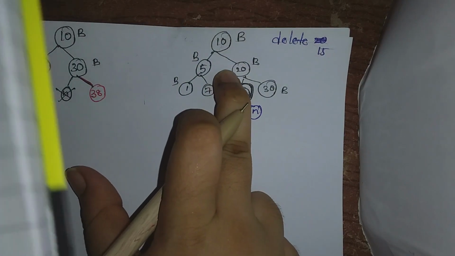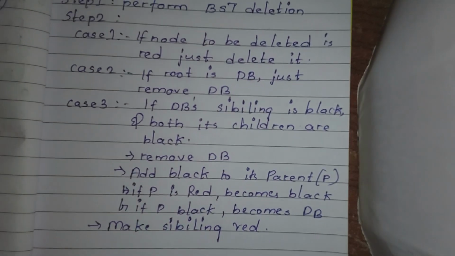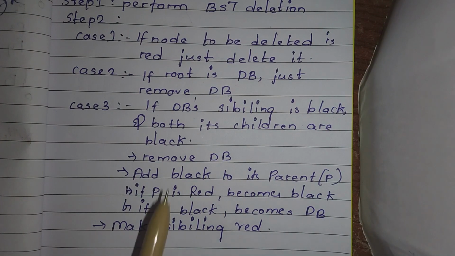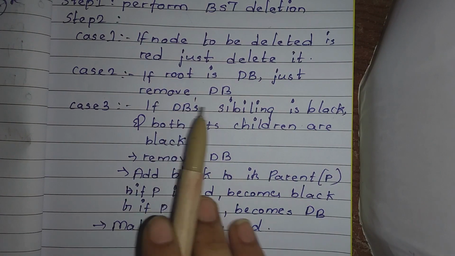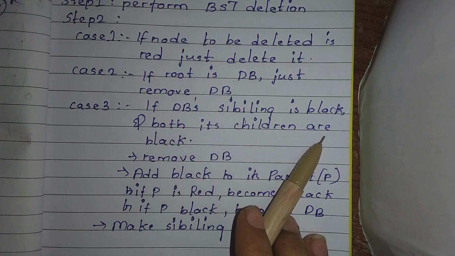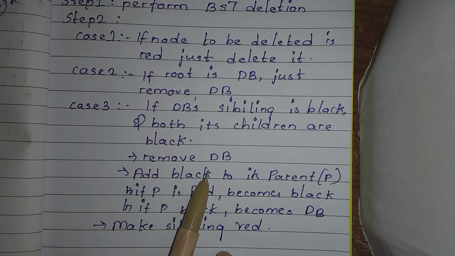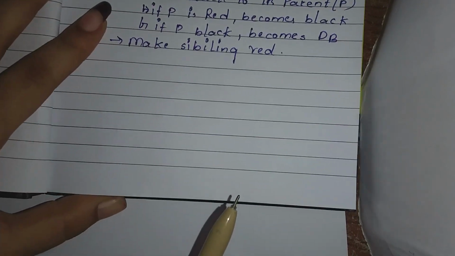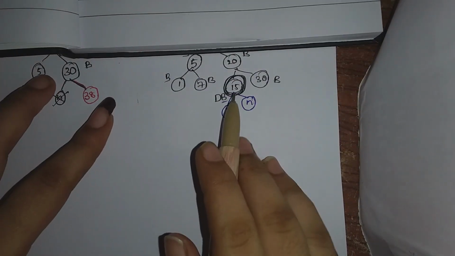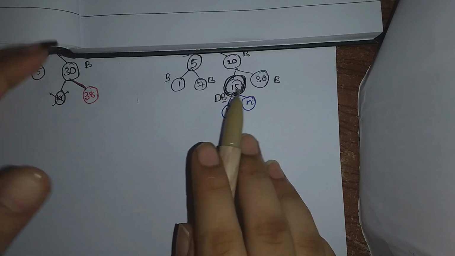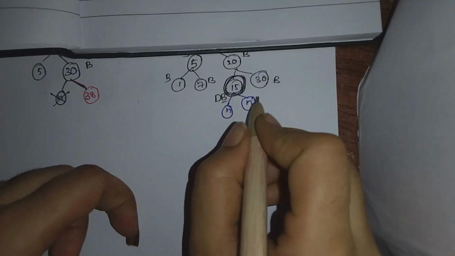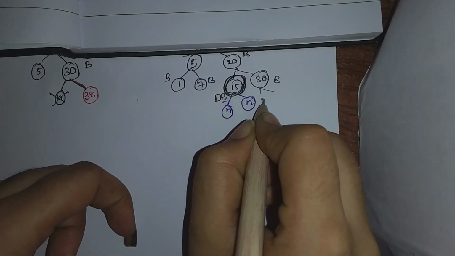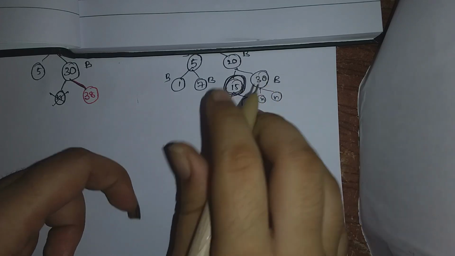Now if the double black's sibling is black and both its children are black, remove the double black. The double black's sibling is black and contains nil children, so both of these children are black. Then we need to give this black to the parent.